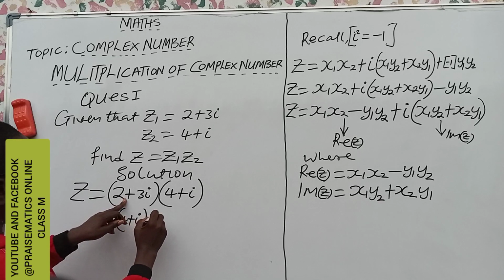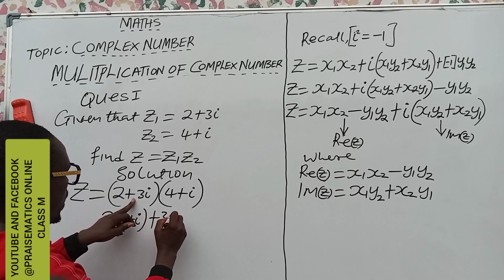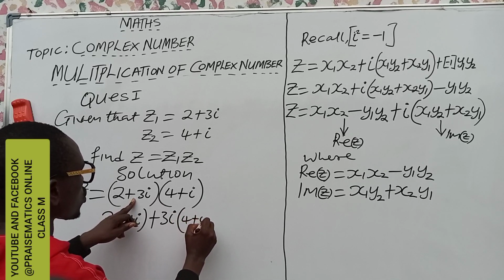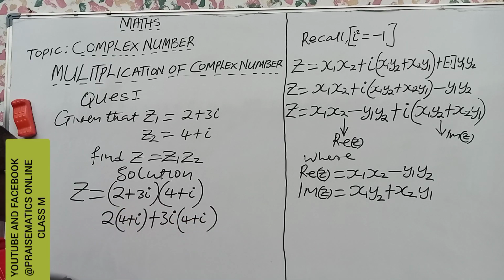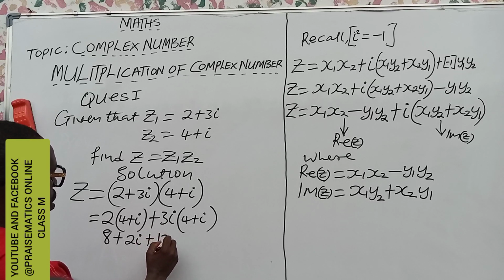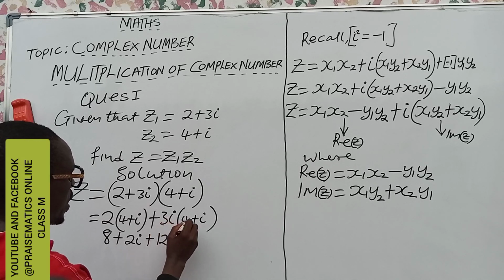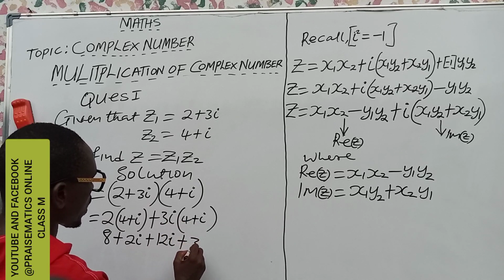So now we have 2 into (4 plus i) plus 3i into (4 plus i). What do we have here? 2 times this will give us 8. 2 times i will give us 2i. Plus 3i times this will give us 12i. Plus 3i times i will give us 3i squared.